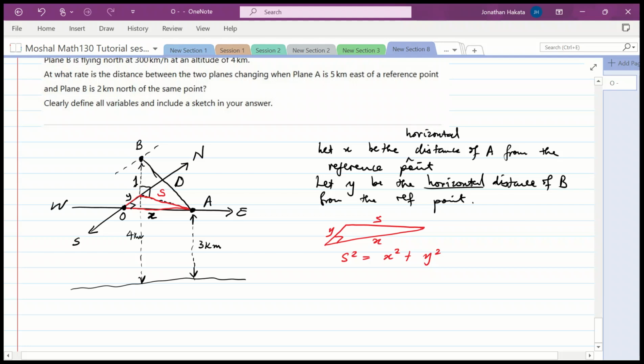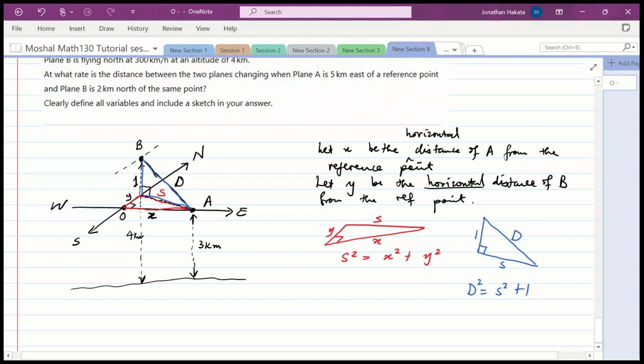If I draw this triangle, please follow my blue pen now. Perfect. If you look at that blue triangle, you agree with me that this is S, this is D, and there's a 1 there. This is 90 degrees. You can see that D squared is equal to S squared plus 1.